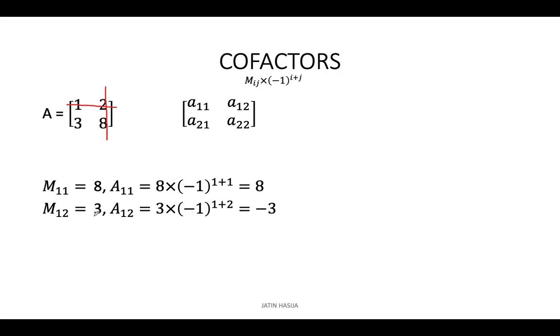Now, this is M12. In order to find the cofactor, this is the formula that we have to use. Mij means M12 because this element is 1, 2, right? M12 is 3. Written here 3. Multiply by minus 1 to the power of I plus j. Minus 1 to the power of this is I and this is j. Therefore, 1 plus 2, you will get the value as 3.